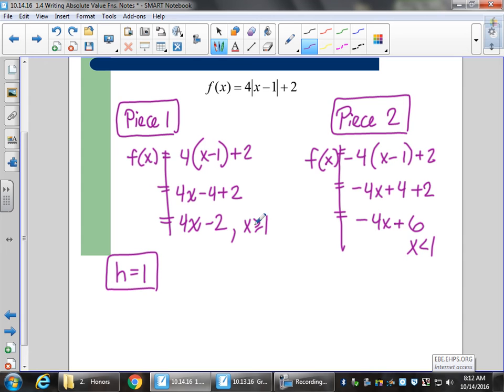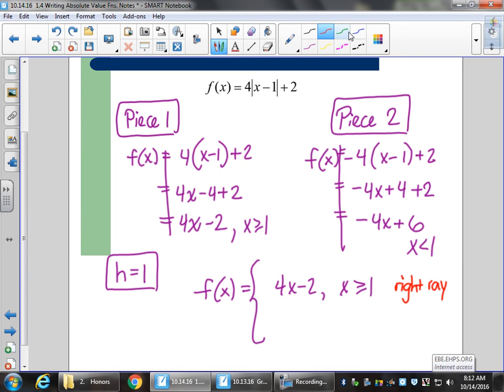It'll always be greater than or equal to the H value. So when I put these together, 4x minus 2, when x is greater than or equal to 1, because this is the right ray. And then negative 4x plus 6, when x is less than 1, left ray.